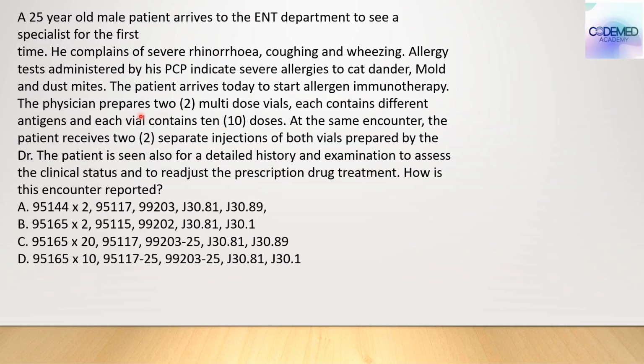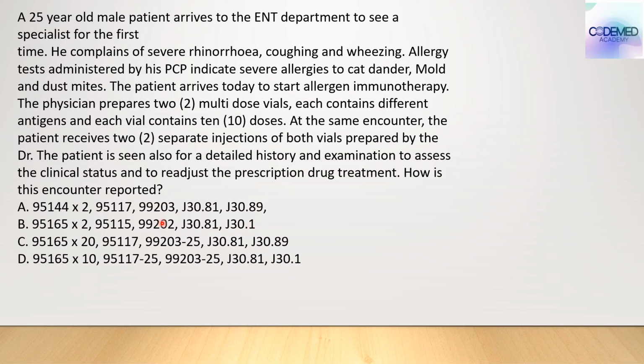The physician prepared two multi-dose vials, each containing different antigens and each vial containing 10 doses. At the same encounter, the patient receives two separate injections of both vials prepared by the doctor. The patient is also seen for a detailed history and examination to assess the clinical status and adjust the prescription drug treatment. How is this encounter reported?